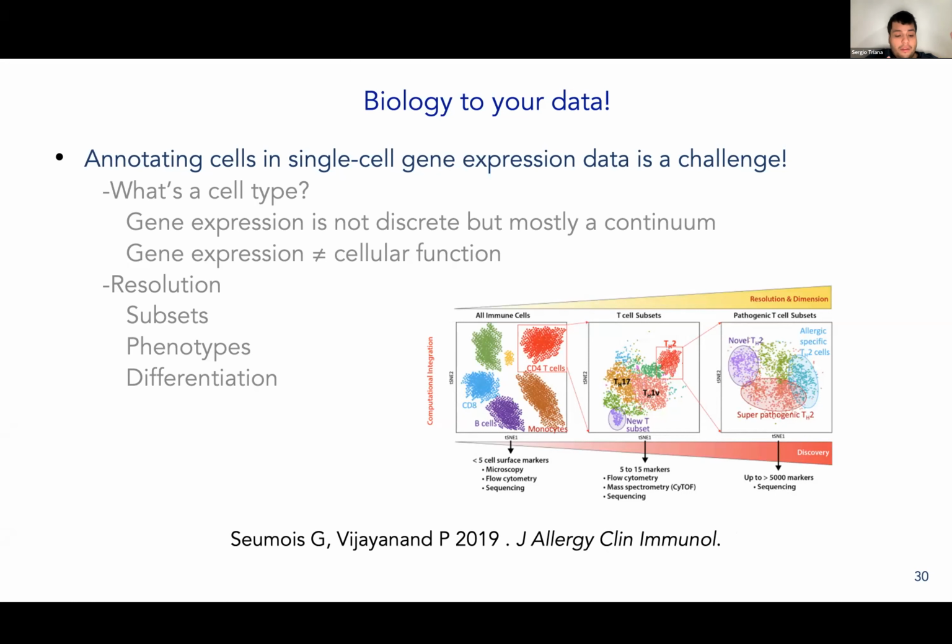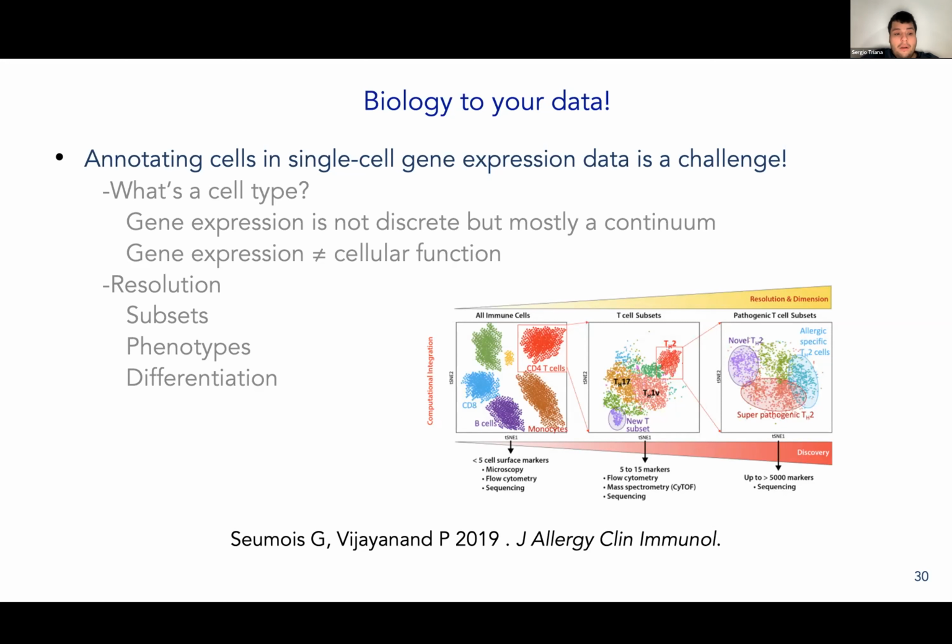So combining this with what we now consider a cell type at the molecular level based on the transcriptome is also a complex question. It's also important to take into account that gene expression is not discrete but a continuum, as I mentioned before, and gene expression doesn't necessarily mean cellular function. Some things that we might know by protein expression or by functional characterization of a cell are not necessarily going to reflect at the transcriptome level.